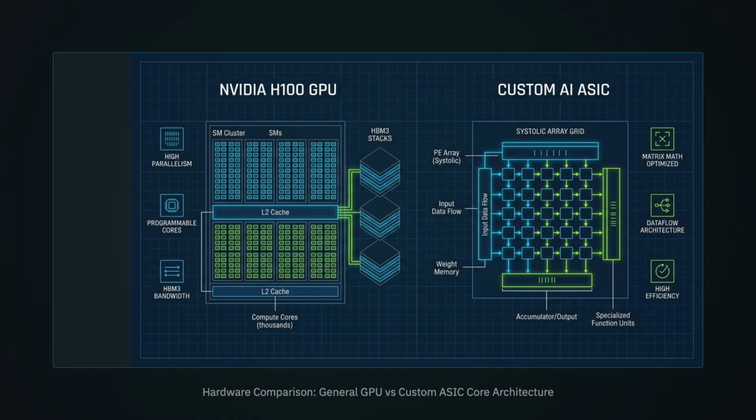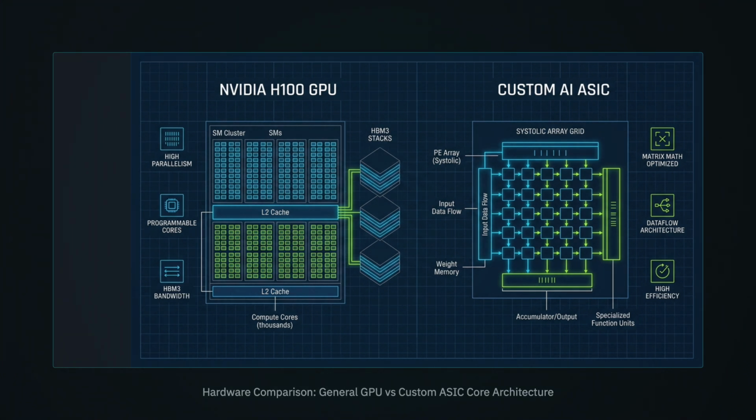Why are companies doing this? Why not just buy more Nvidia H100s or Blackwell GPUs? It comes down to flexibility versus efficiency and pure economics. An Nvidia GPU is a general-purpose AI engine. It can train any model, run any architecture, and it utilizes CUDA, Nvidia's software monopoly. But these GPUs cost upwards of $30,000 each, and Nvidia is pocketing a 75% gross margin.